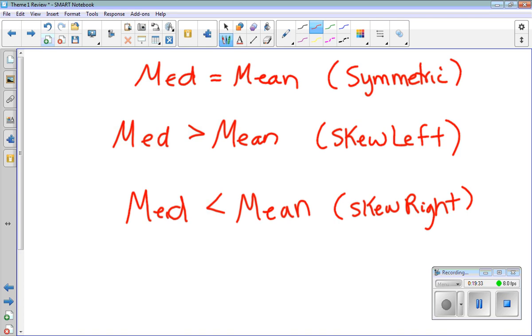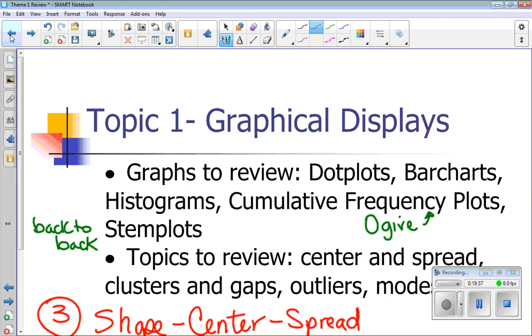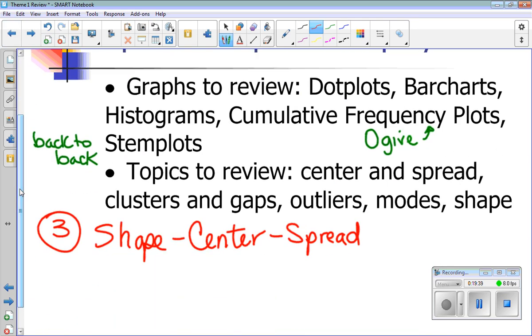If a graph was not provided, that would be a case. But we are going to look at just the types of graphs and displays. What do you think I mean by clusters and gaps? At what point would I discuss clusters and gaps? With the shape, the center, or the spread? Probably shape, okay?